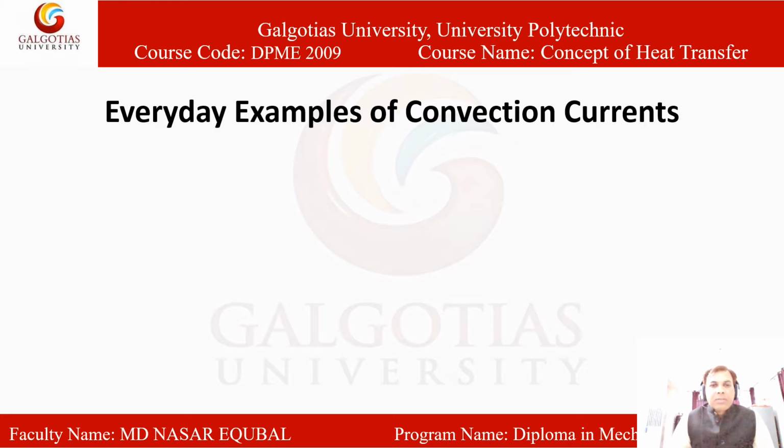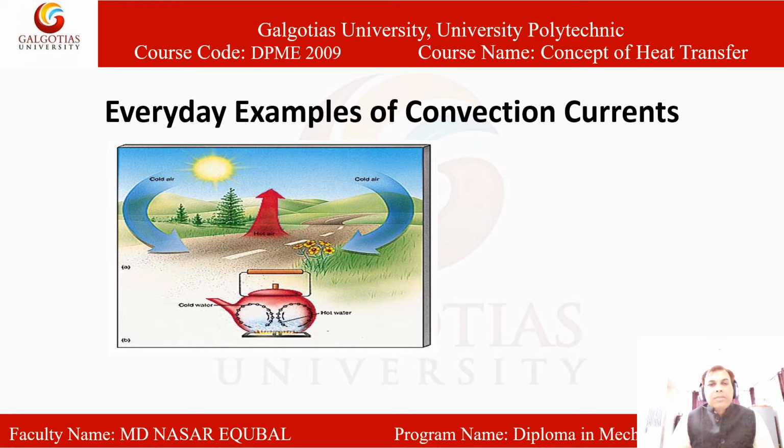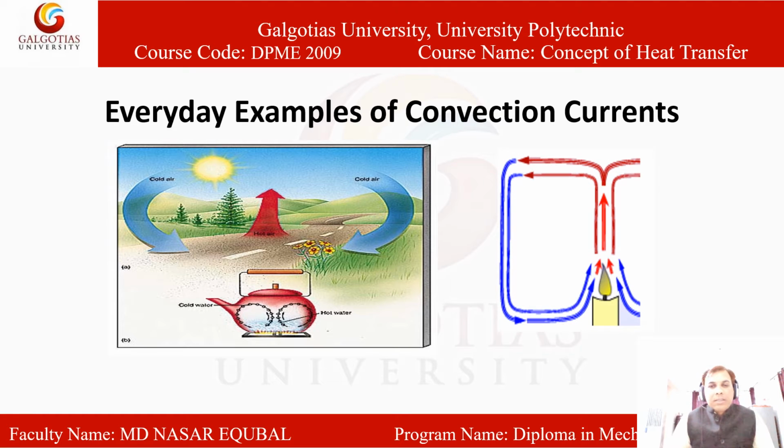Another example of convective heat transfer is in the image given below, where we can observe that the air is blowing over the earth's atmosphere and the heat is convected by the air. As we know, in convective heat transfer, heat is transferred by air and fluid.